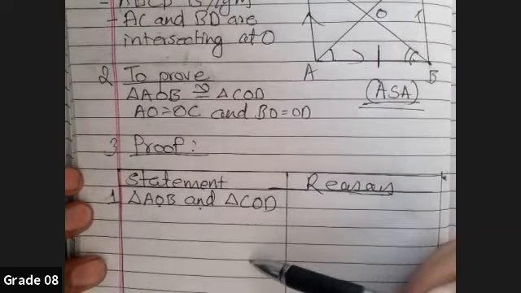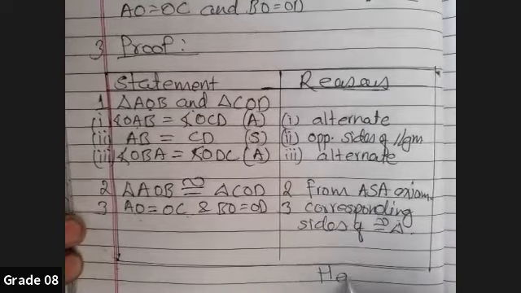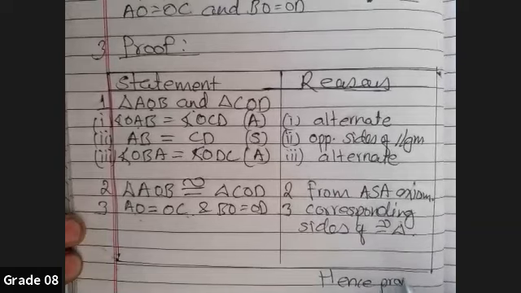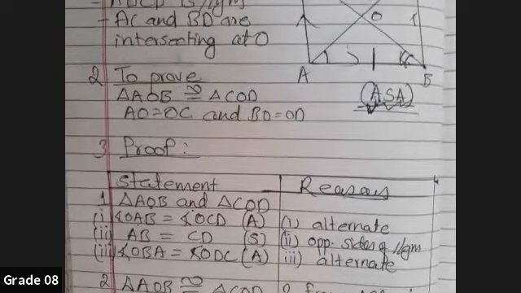Remember one thing, if instead of sides they were angles, then I would have written corresponding angles of congruent triangles. That will be the only difference. So this is the full solution of this one, and this is now hence proved. Okay, you can watch this again later on YouTube.